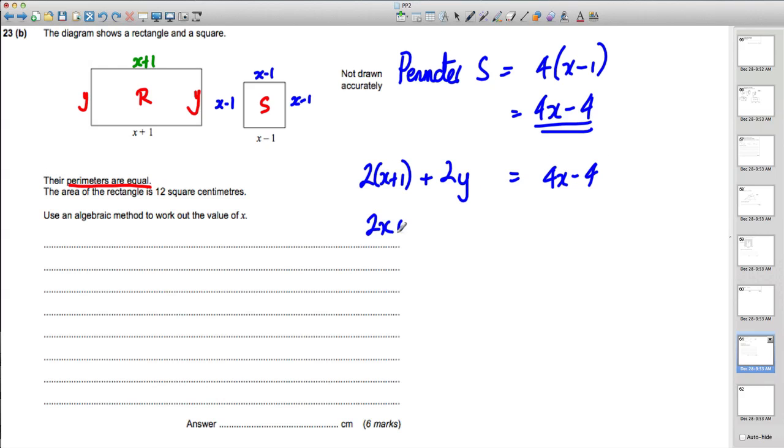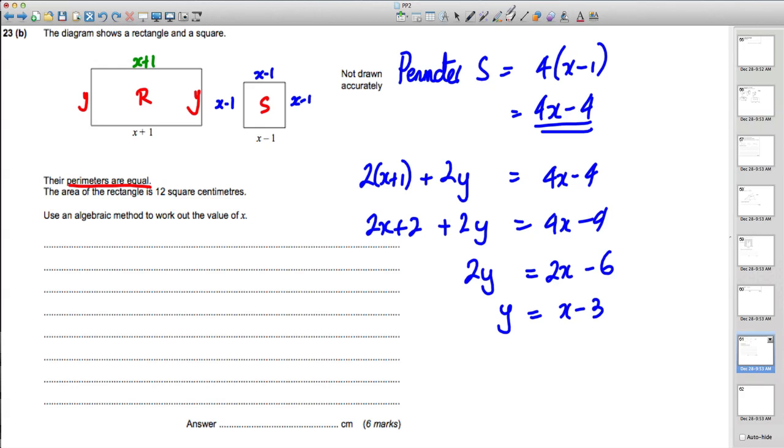Times that out: 2x plus 2 plus 2y is equal to 4x subtract 4. Take away 2x from both sides, take away 2. 2y must be 2x subtract 6, so 1y must be x subtract 3. So therefore, this here actually must be x subtract 3.